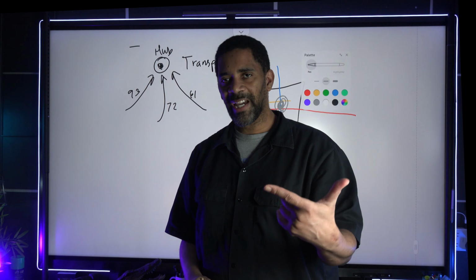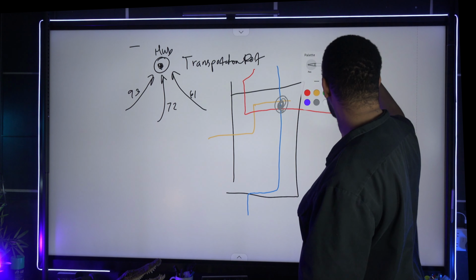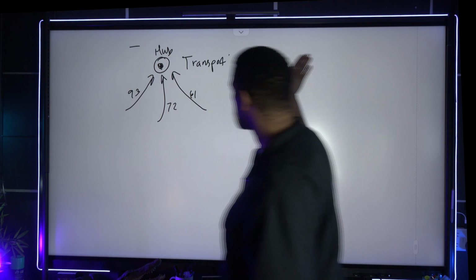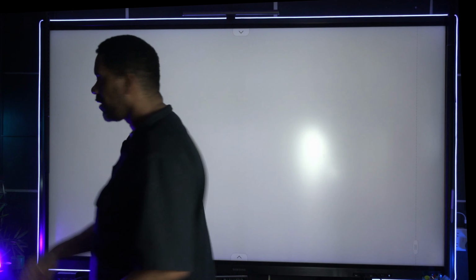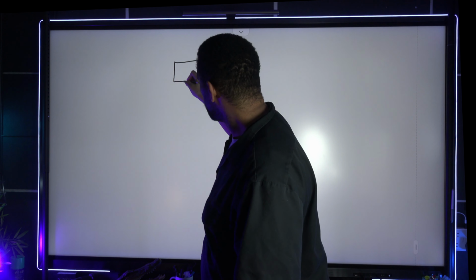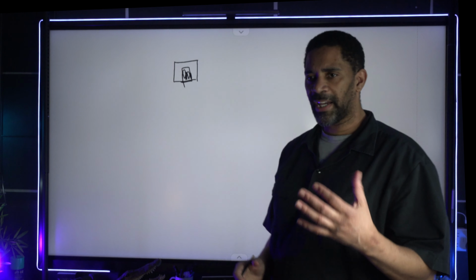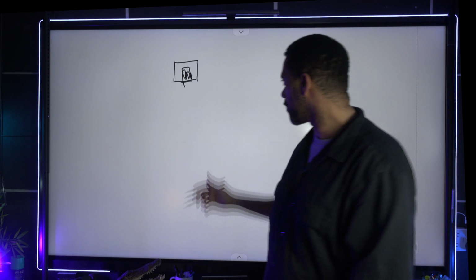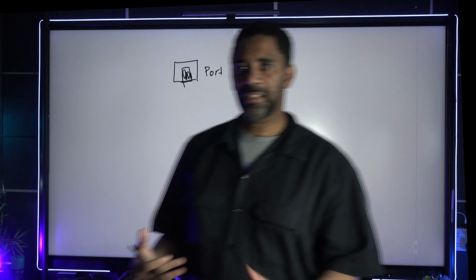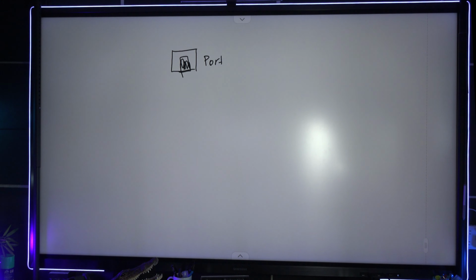So the same thing happens whenever we are looking at computer networking. Let's get back to the black pen. In computer networking, you can look at a port, and let's draw a port here. A port has multiple definitions in computer networking, because for one thing, you can look at a port as a jack. Let me get some networking equipment to show you what I'm talking about here.